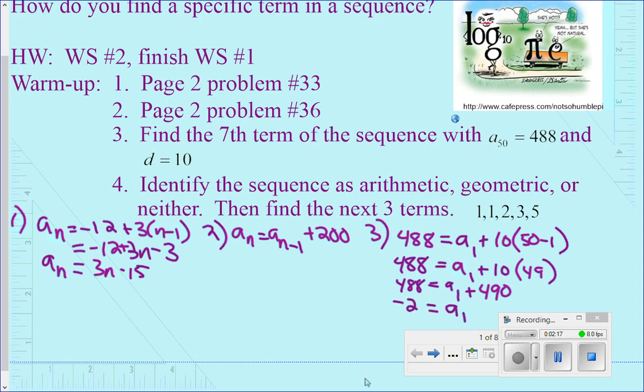So if I know a1, then I can get what I'm looking for, which is the 7th term. So back to the explicit, I'll just put that here. So we have a sub 7 equals the first term, which we just got, negative 2, plus 10 times 7 minus 1.